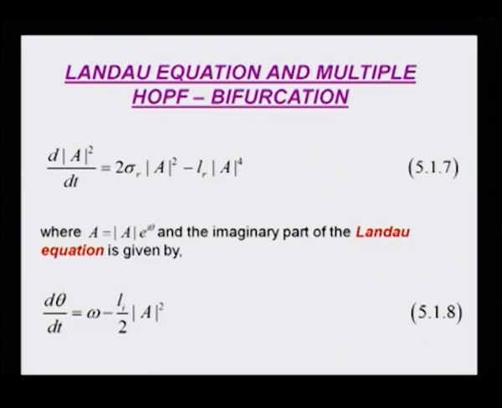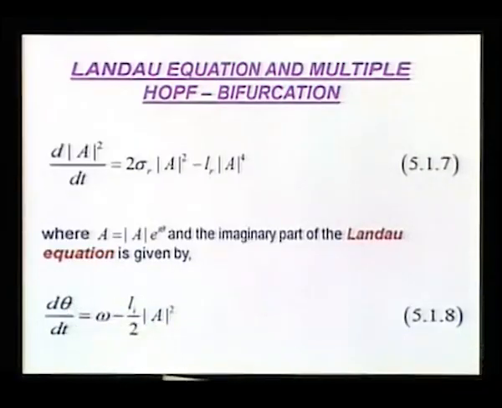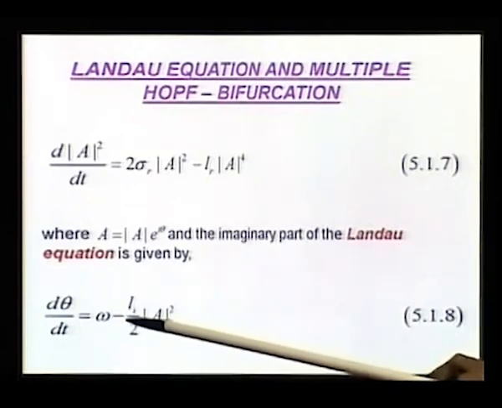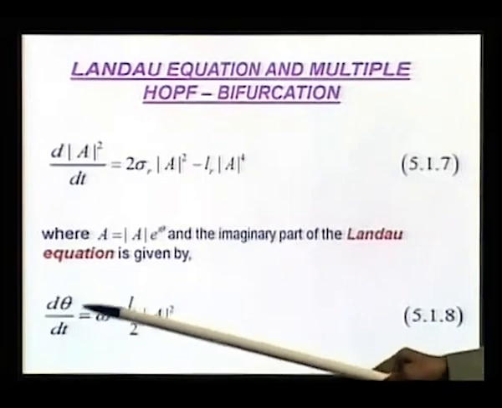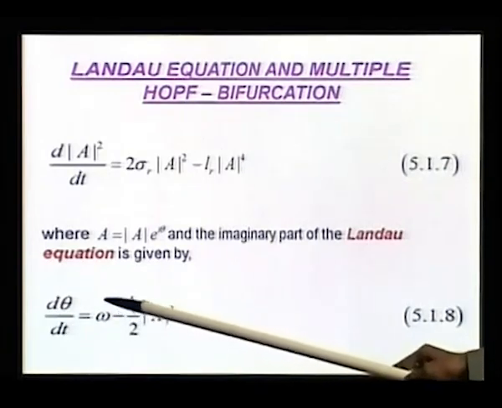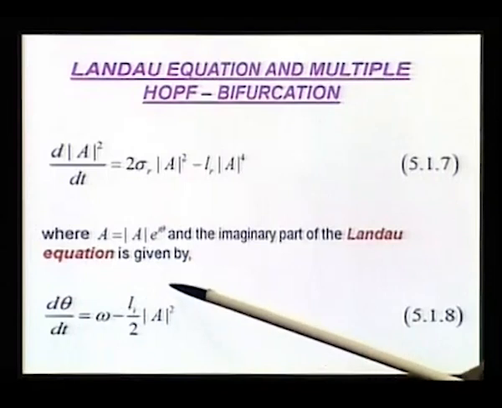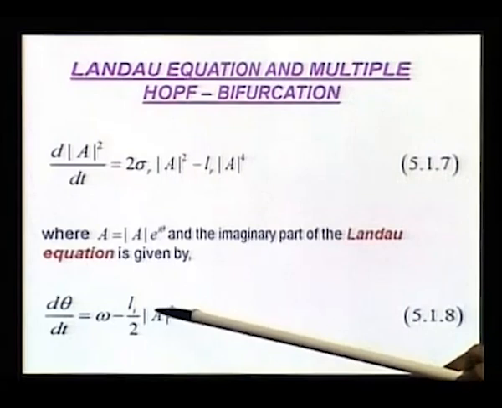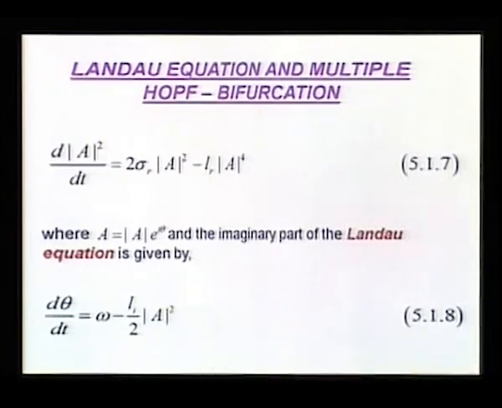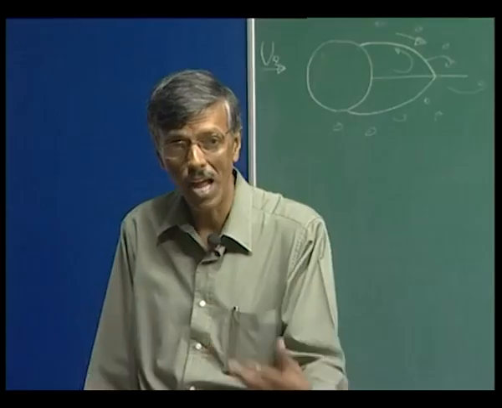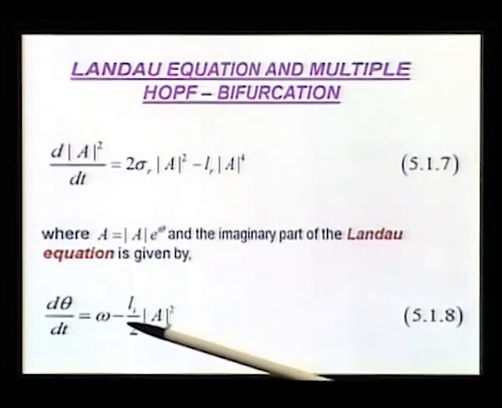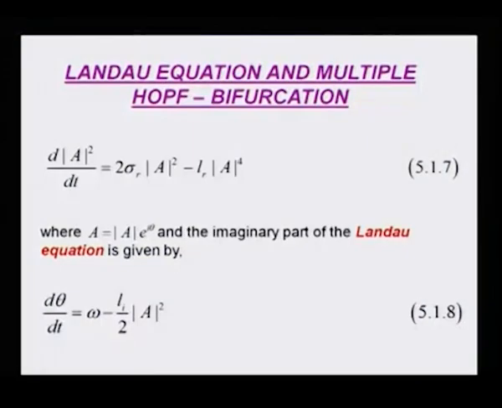So, that actually will give you a frequency of shedding, and this frequency of shedding is rather interesting, because it shows that the frequency of shedding of the nonlinear dynamical system is equal to what is given by the linear system modified by this part, and this part has come about from the Landau equation, and it shows that this frequency is proportional to the amplitude. That is one of the important aspects of nonlinearity, amplitude dependence, right. And of course, it also depends on the imaginary part of the Landau coefficient, right.